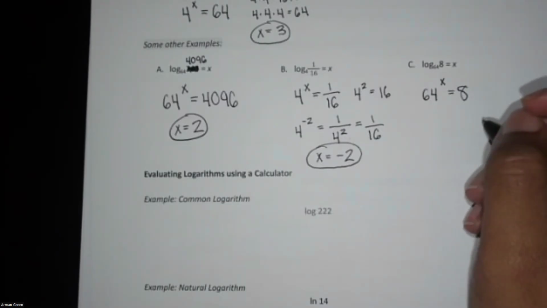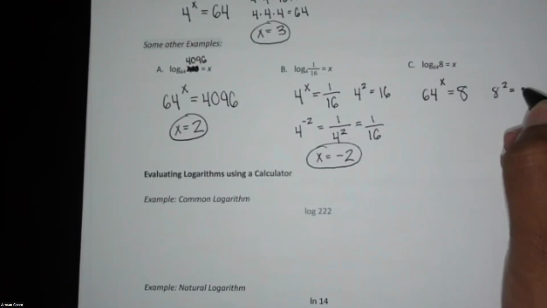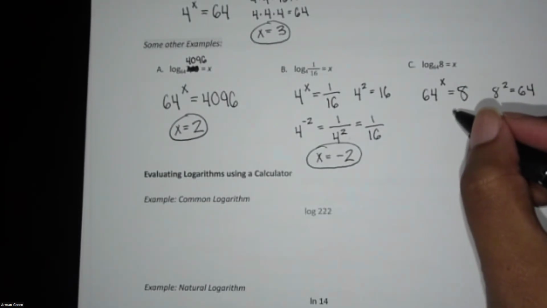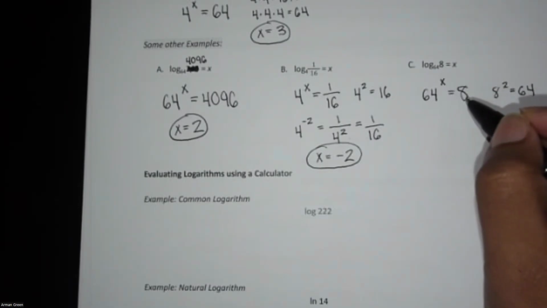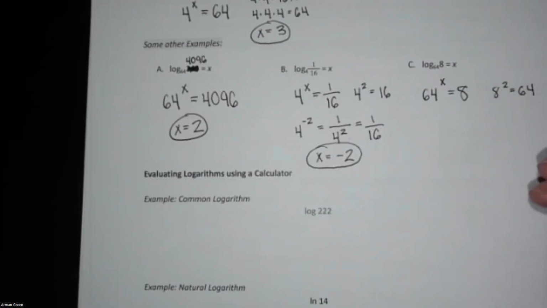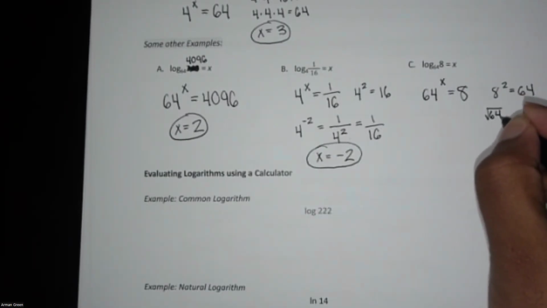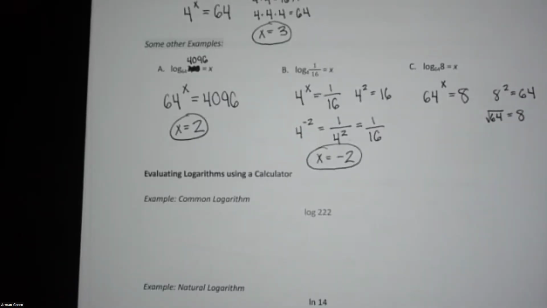Now, a couple of things. We might know that, okay, well, hey, I know that 8 squared is equal to 64, but I'm kind of going backwards in this case because I'm doing 64 raised to some power is going to give me 8. You might also remember that the square root of 64 is equal to 8.